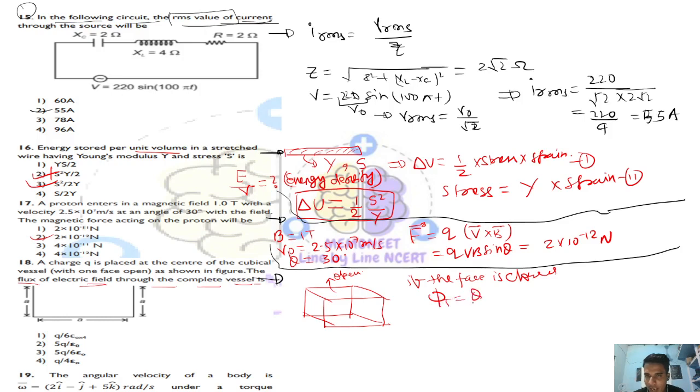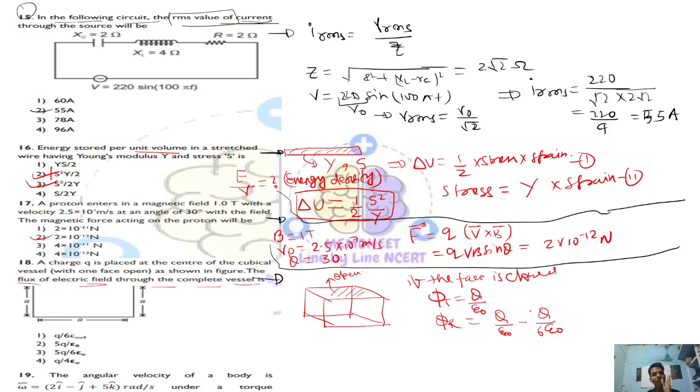then total flux will be Q by epsilon naught. If we remove one face, there are 6 faces here, so through one face the electric flux will be Q by 6 epsilon naught, and we know the total flux is Q by epsilon naught.